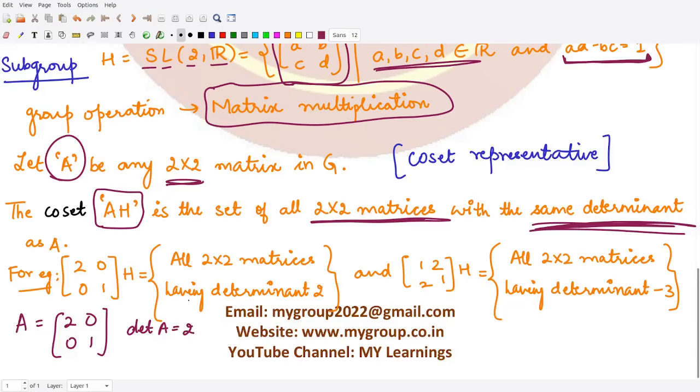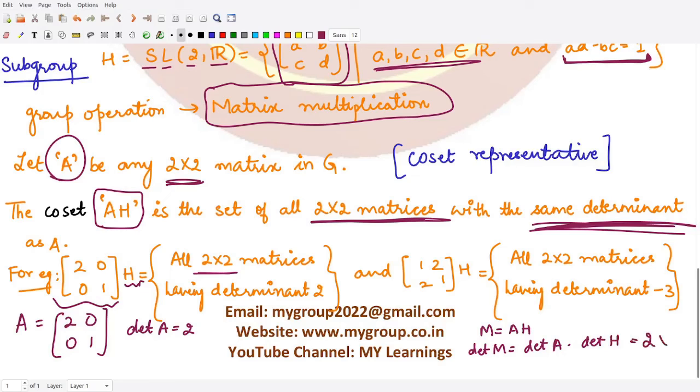Because H contains all the matrices which have determinant 1, if you multiply this A with any member of H, you would again get a 2 cross 2 matrix. Suppose this is M, so M is equal to A times some element h from H. The determinant of M would be equal to the determinant of A times the determinant of h.